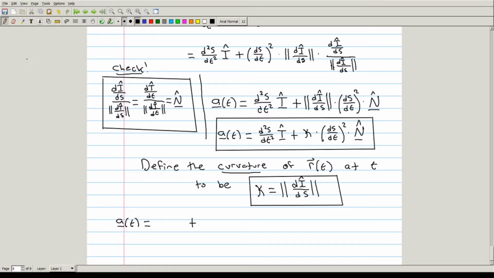One is the tangential acceleration, call it AT of t, and the other component is the normal component of acceleration, called AN of t.